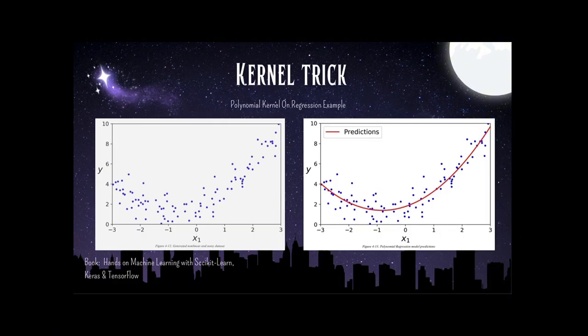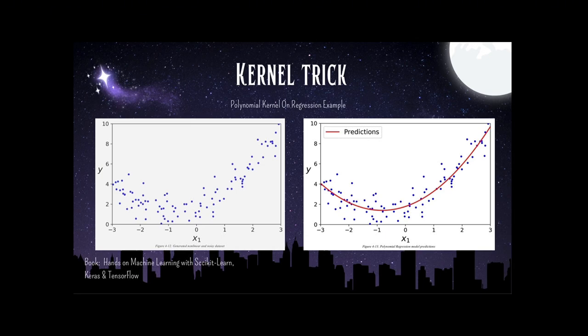Then we have the kernel trick. I wanted to visualize it before we break it down and define the definition and types, etc. So here we have two scatter plots. On the left side, we have the scatter plot before making any prediction. As you can see, the data points are not really suited or fitted in one line.